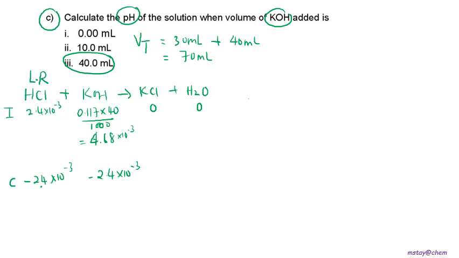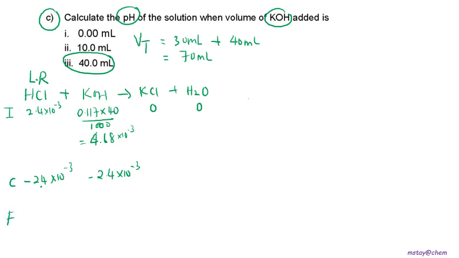The KCl will also increase by 2.4 exponent negative 3, but because we already know that it is formed from a strong acid and a strong base, it is a neutral salt, so it will not affect the pH value. If you didn't want to write down anything in the KCl and H2O columns, it is no problem.